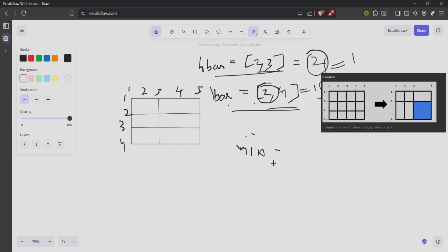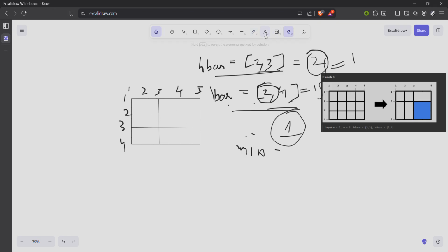So we remove only one. And since we have seen in all previous examples, when we remove one, we get a square of this size, which is one plus one.